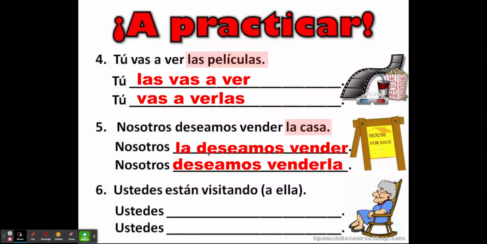You just form a new word because you are attaching it to the second verb. And then ustedes están visitando a ella. Now, remember, you are going to replace the whole thing, and a ella, you are going to use la. La están visitando.